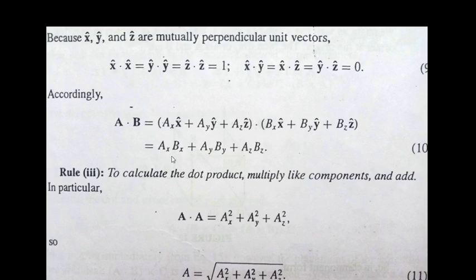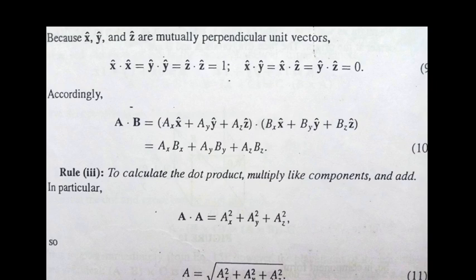Sometimes you are asked to calculate a dot product of the same vector. Then what is it? So A dot A would be simply the squaring: x square plus y square plus z square. So basically the magnitude of A is under root of x square plus y square plus z square.